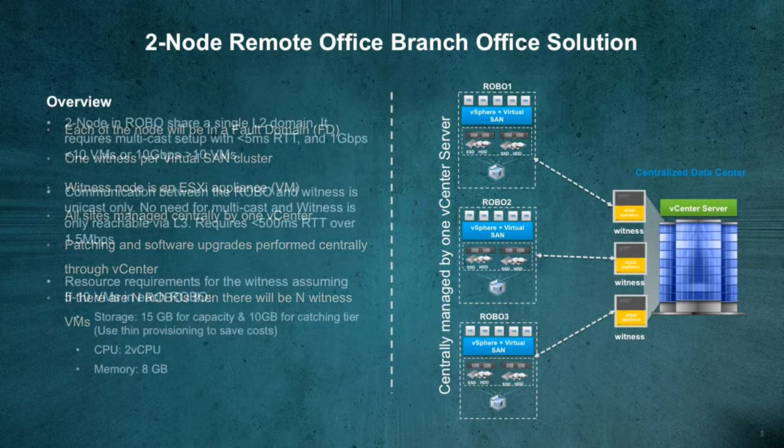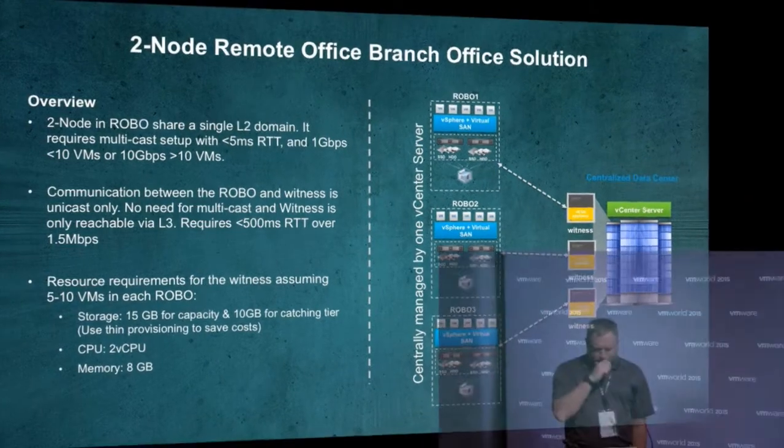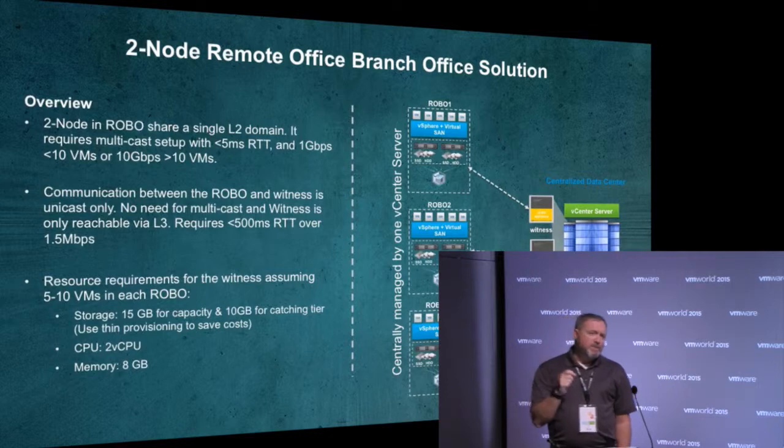Just like traditional 3 or more node deployments of vSAN, we still require a layer 2 domain for data communications between the hosts, as we're writing different VMDKs or other objects across the 2 nodes. And then we only require a very small amount of traffic for that witness.